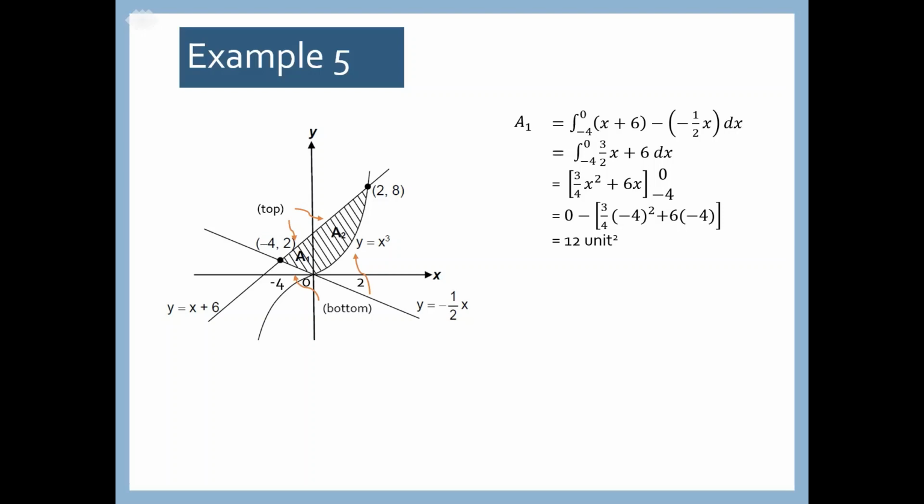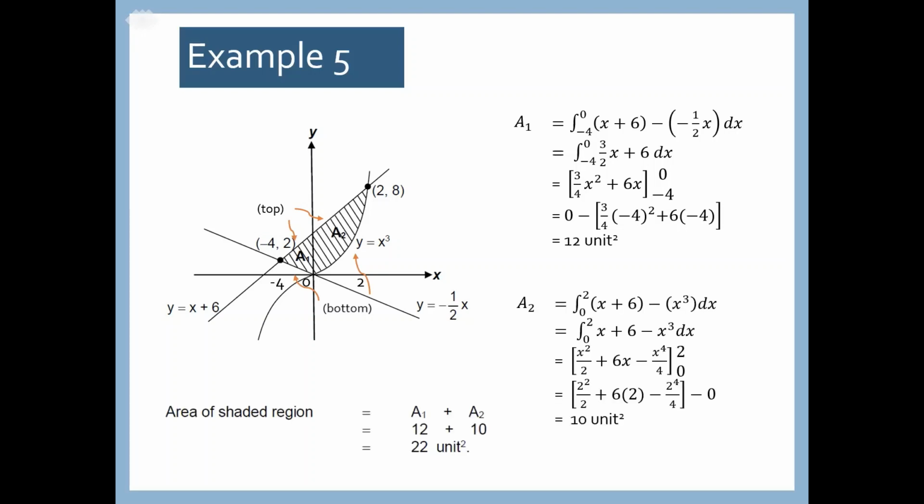Minus these two functions and simplify, you will obtain 3 over 2x plus 6. Integrate with respect to x over the interval negative 4, 0. You will obtain 12 unit square as the answer for A1.